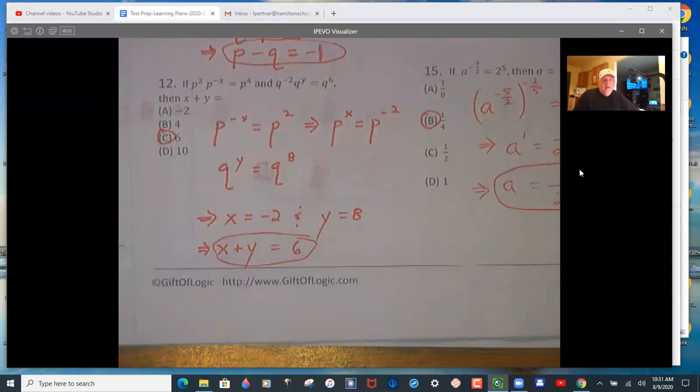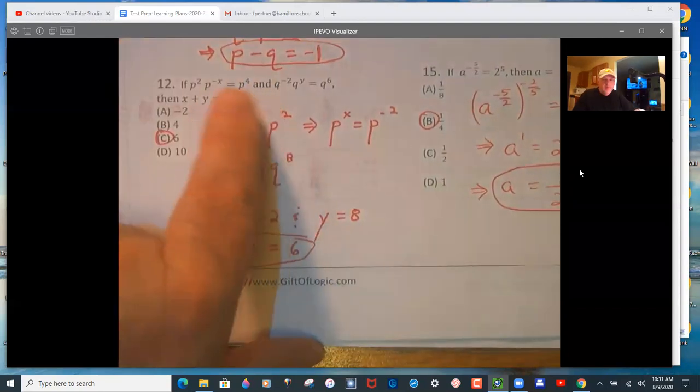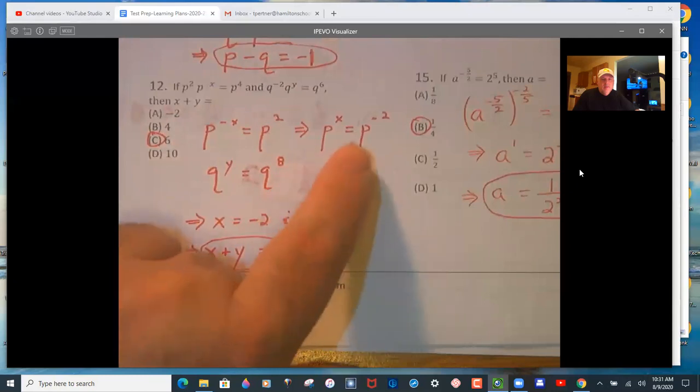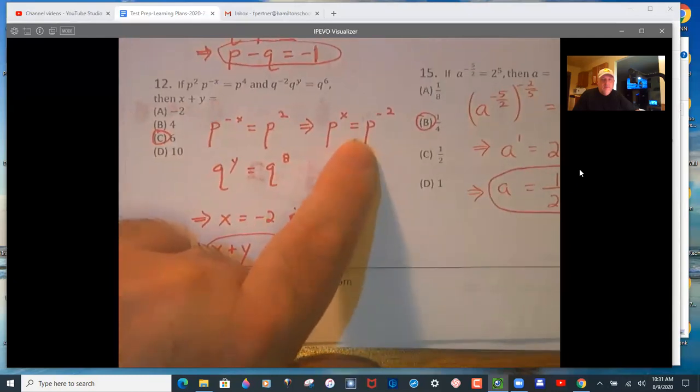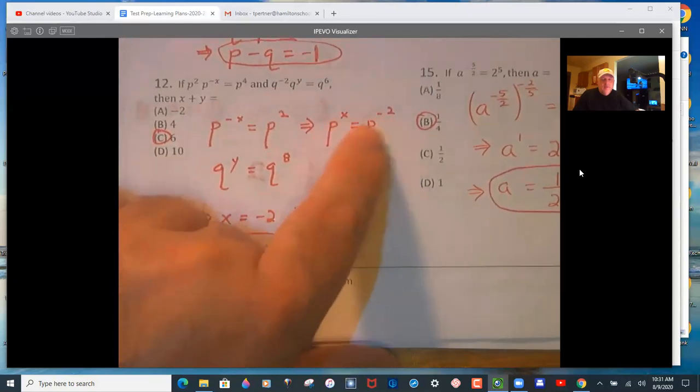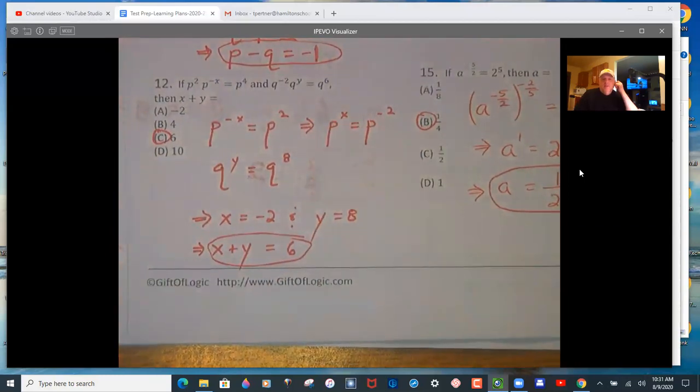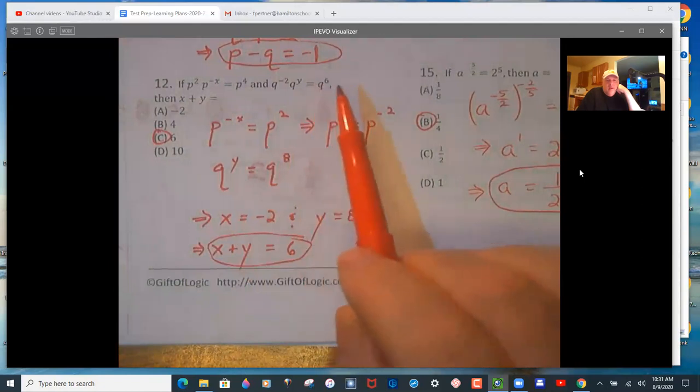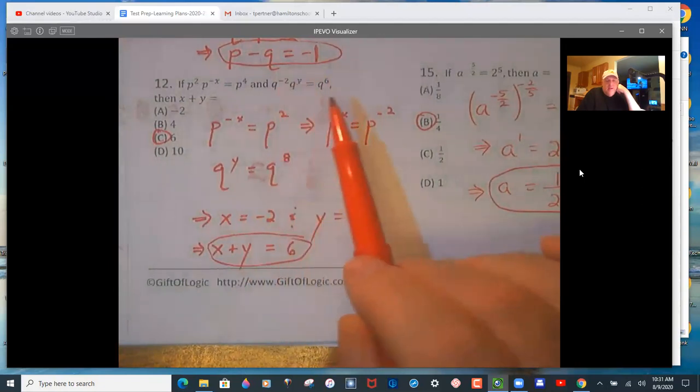Okay, here, so p to the negative x would equal p squared because you divide both sides by p squared right here. And so p to the x would equal p to the minus 2. So you just throw a negative through each, take the reciprocal of both sides, I guess. And then q to the y would equal q to the 8th if you divide both sides by q to the minus 2.